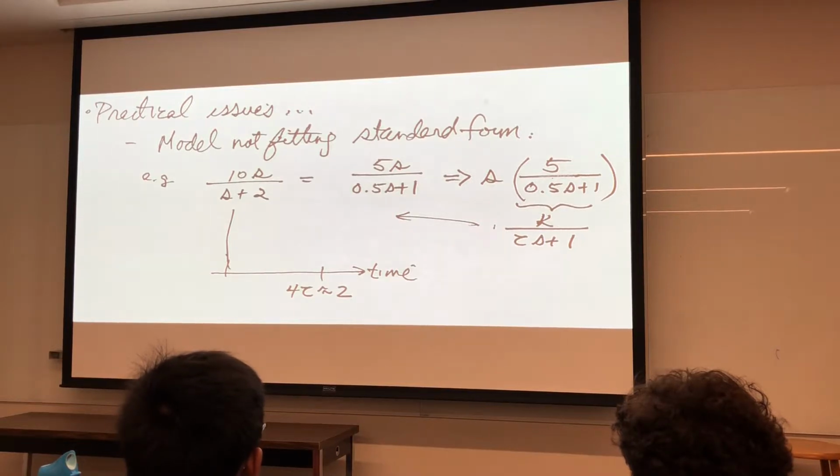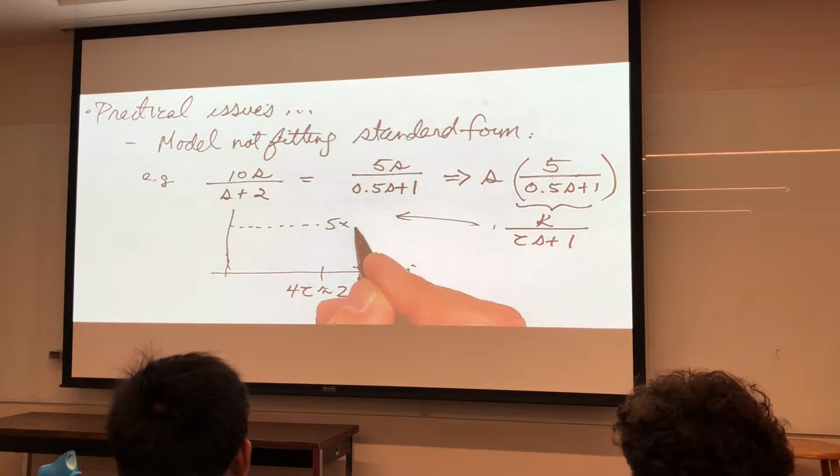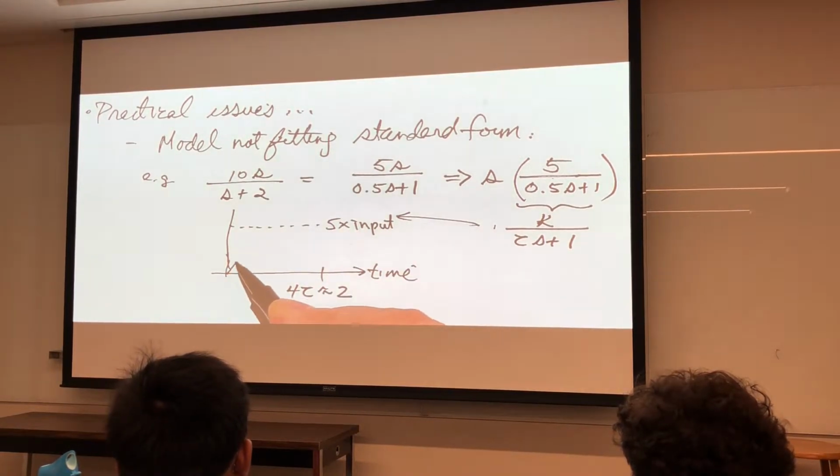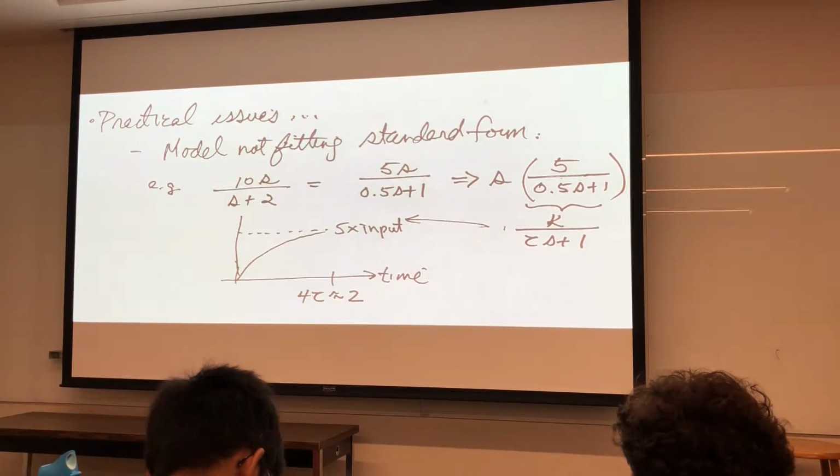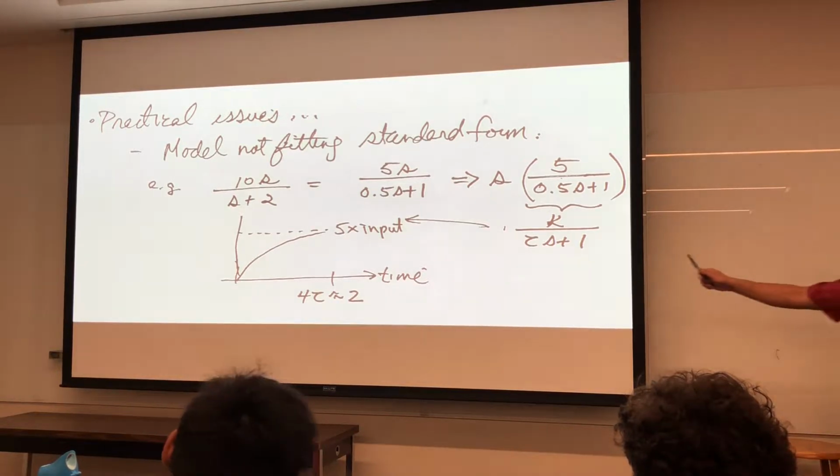And the gain here is 5, and so I would expect the response to settle out to whatever is 5 times the input. So I would do a sketch something like this. This is only this part of the response.